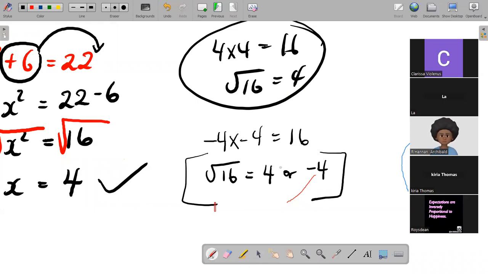So you see why it could be both of them? This is what you call advanced thinking, yeah? Everybody see it? Because a regular 4 times 4 will give you 16, and a negative 4 times a negative 4 will give you 16 as well. So if you square root 16, you could either get positive 4 or negative 4.